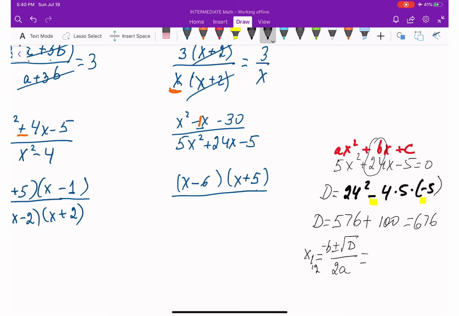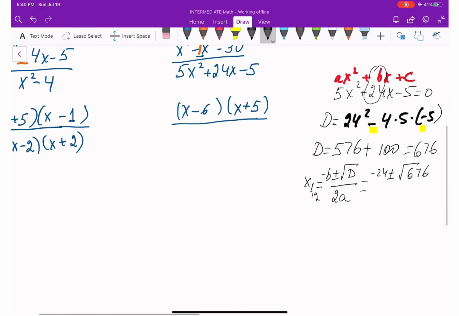And plus minus square root of 676, over 2 times a, which is 5, 2 times 5. So x1,2 is equal to negative 24 plus minus the square root of 676, which is 26, divided by 10.